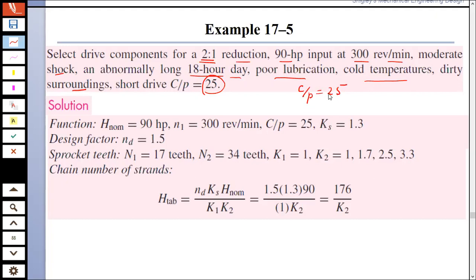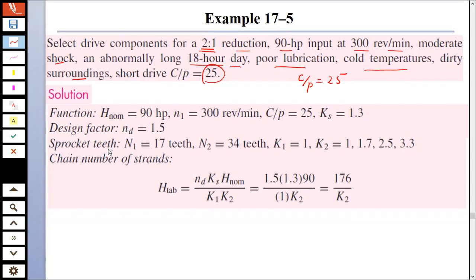Okay? Now, let's see. What you want from this chain drive is that it should transmit 90 horsepower, and it should reduce the speed 2:1. If the speed of one is 100, the other one should be 50.